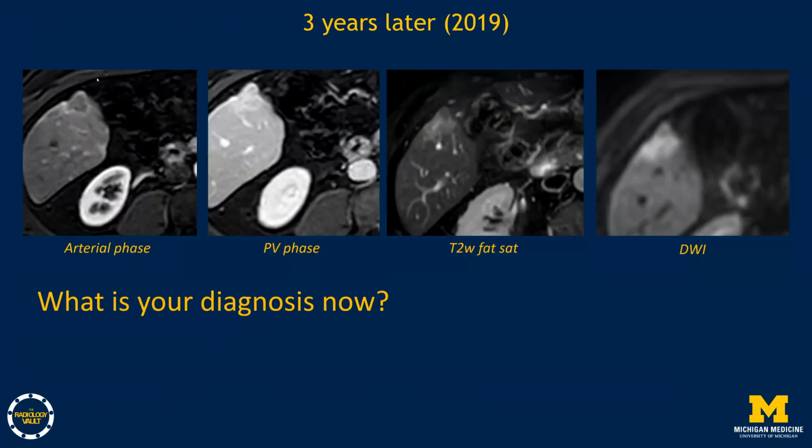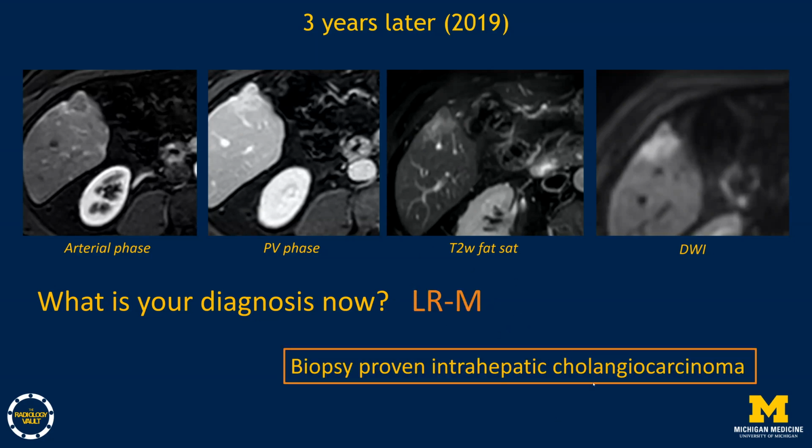3 years later, you can see here we have an enlarging region with peripheral arterial phase hyperenhancement that progressively increases. We have some T2 signal and then increasing diffusion signal. So now at this point, the diagnosis changed to LR-M and turned out to be a biopsy-proven intrahepatic cholangiocarcinoma.